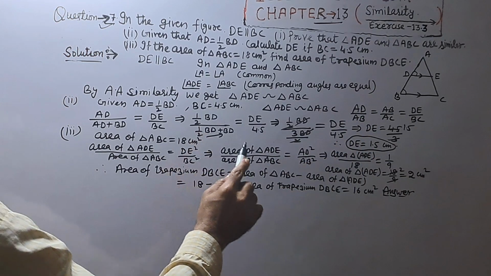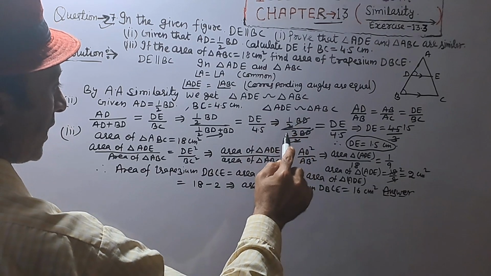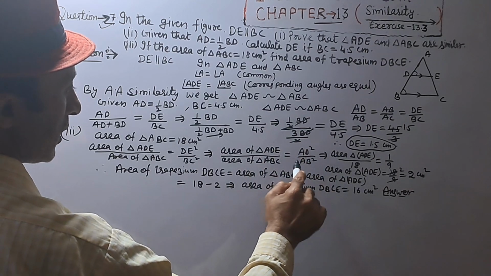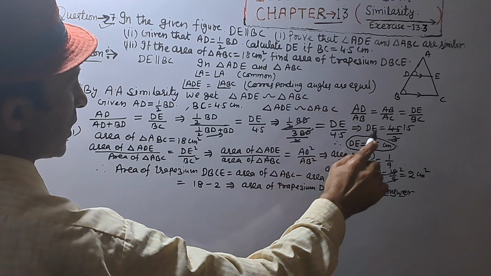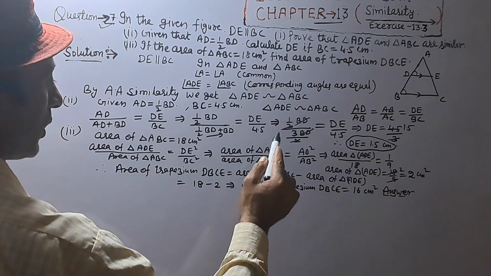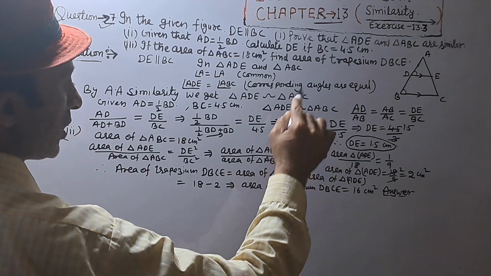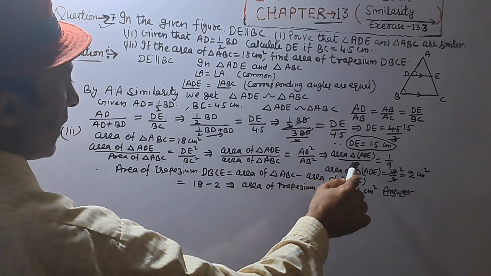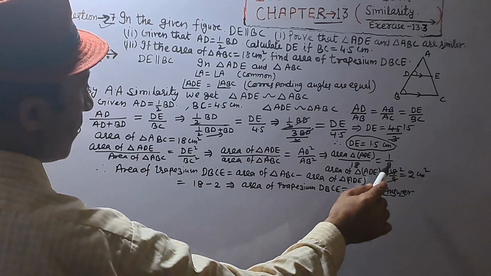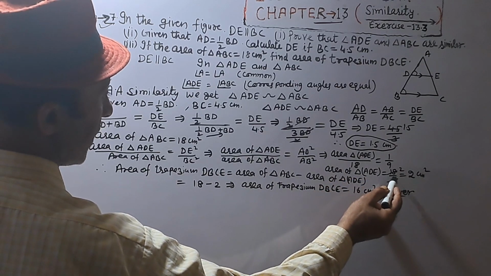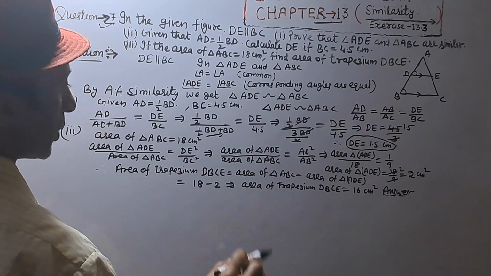And we find the value of AD upon AB is equal to 1 upon 3, and their square, then 1 square is 1 and 3 square is 9. So AD upon AB square is equal to 1 upon 9. 18 multiplied by 1 divided by 9, that is equal to 18 divided by 9 is 2 centimeter square.